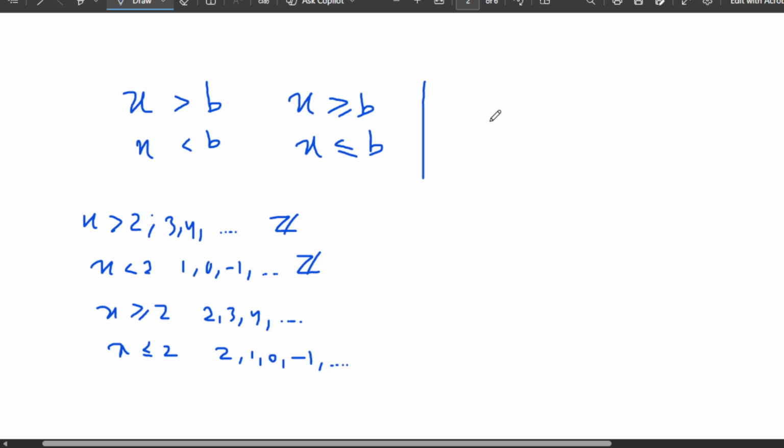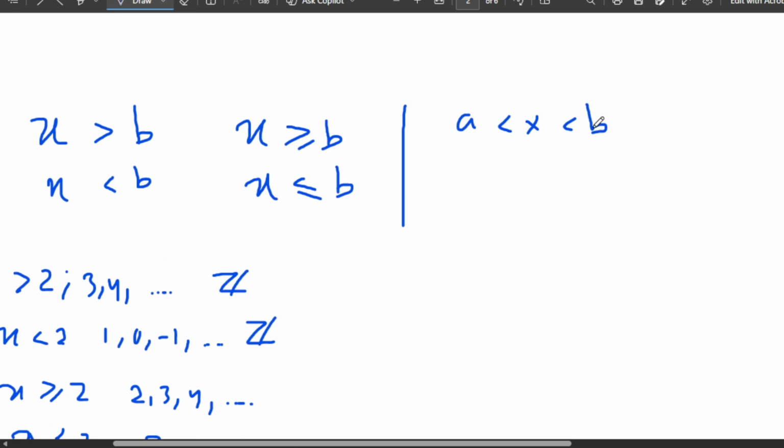So inequalities can be in this form: a is less than x and x is less than b. So it's comparing two values to x, where a is less than x and x is less than b. In this case, that means a must be less than b. So what does this mean?